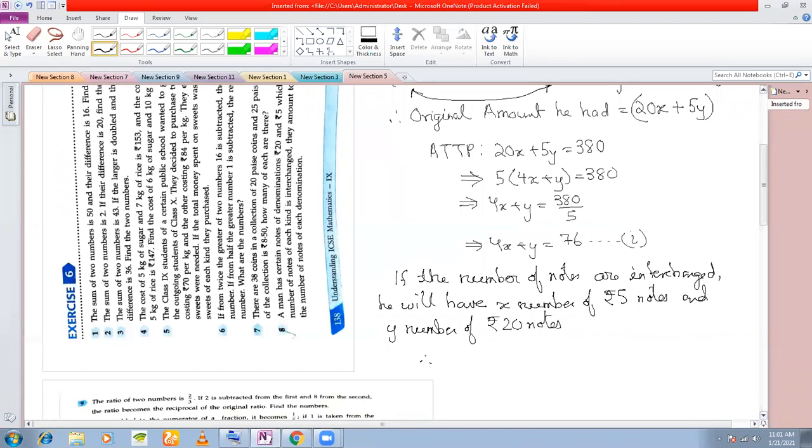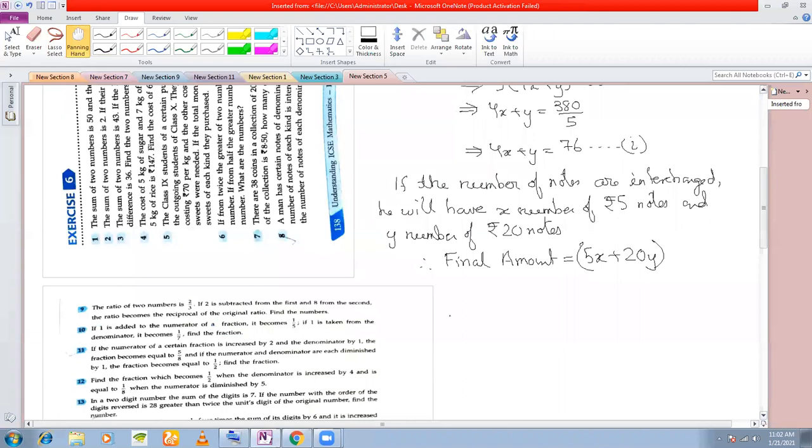So therefore, what is the amount that he has now? That was the initial amount, the original amount. What he has after interchanging, the final amount, is 380 minus 60. X number of 5 rupee notes, that means 5x, and y number of 20 rupee notes, that means 20y, right? This is the amount that he has.